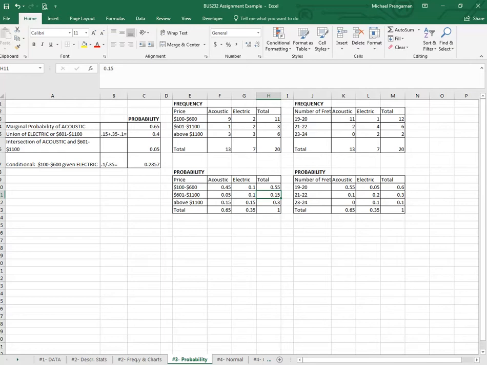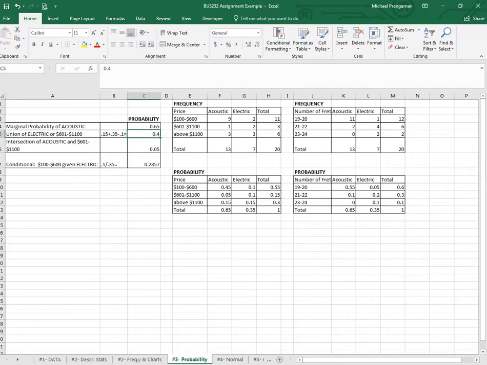The total probability of electric guitars is 0.35. And the intersection of the two is 0.1.